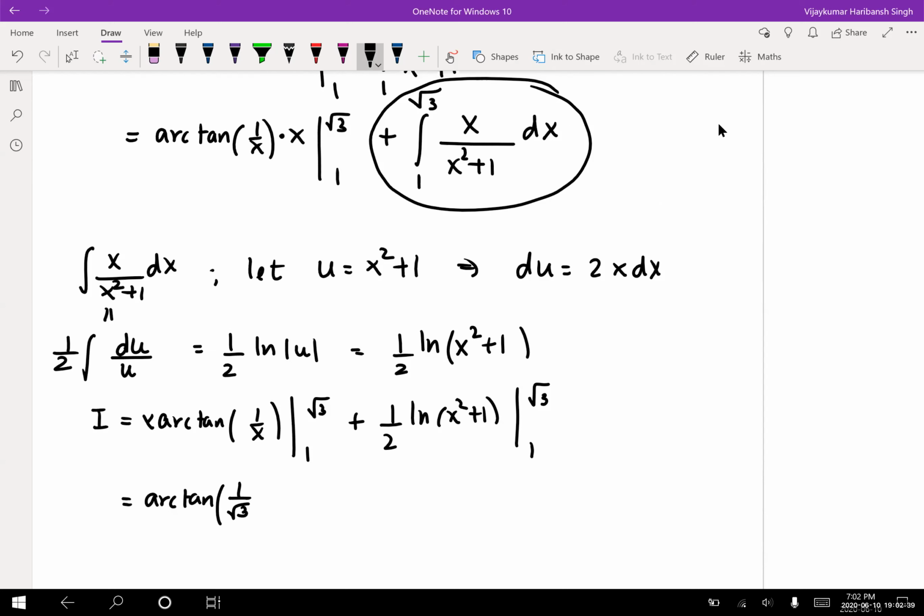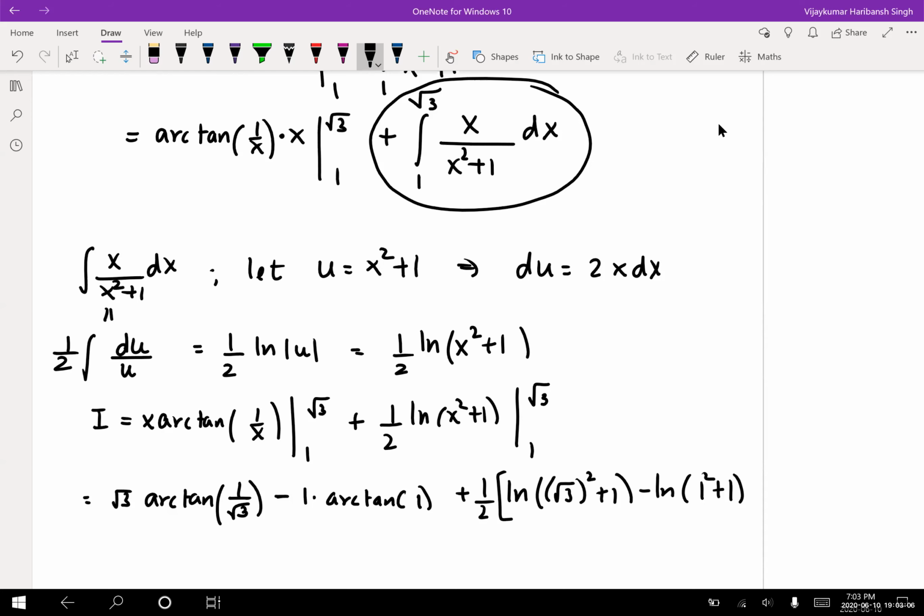So that's x, root 3 times arctan of 1 by root 3, minus 1 times arctan of 1, plus half ln of x squared, so we'll put root 3, root 3 squared plus 1, minus ln of 1 squared plus 1.